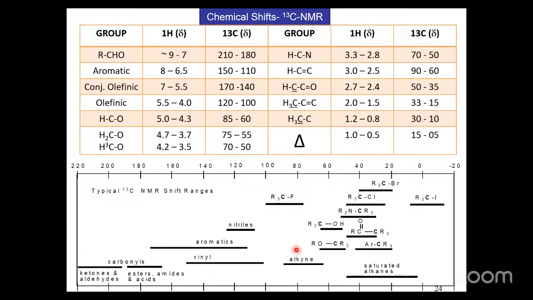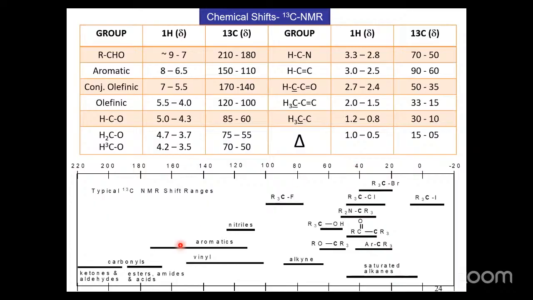Sorry, not proton, it's a carbon. And in between, depending on which atom is attached to that carbon, you may have a range of delta values. Oxygen being more electronegative, that carbon is more deshielded, while nitrogen is less electronegative, so it will appear a little bit towards the upfield.